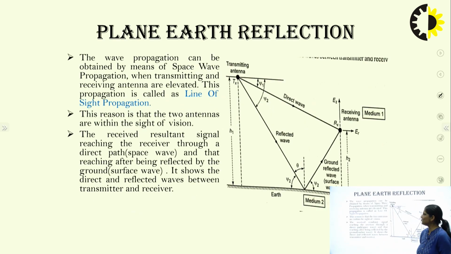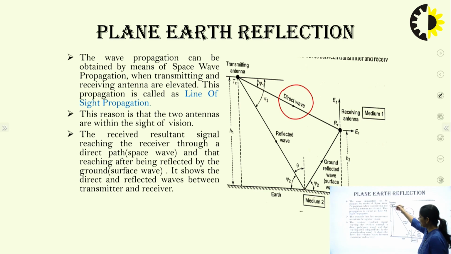Now, first is plane earth reflection. When your wave is traveling from transmitter to receiver, it may travel by a direct path, or it may be an indirect path. So, direct path means what? Let this be your transmitting antenna, this is your receiving antenna, and your wave is traveling directly from the transmitting antenna to the receiving antenna. That is known as direct wave.